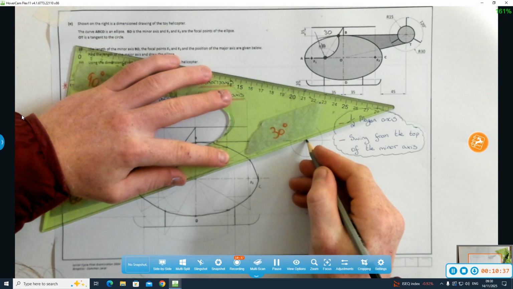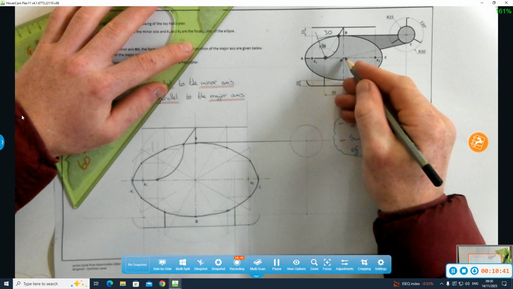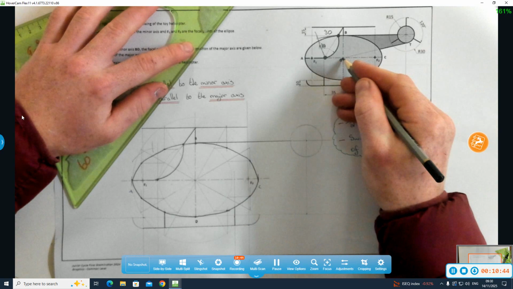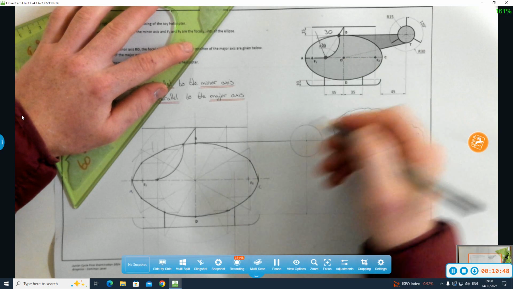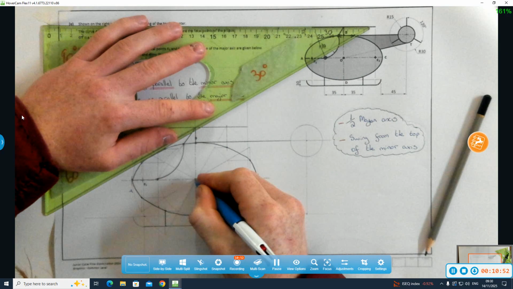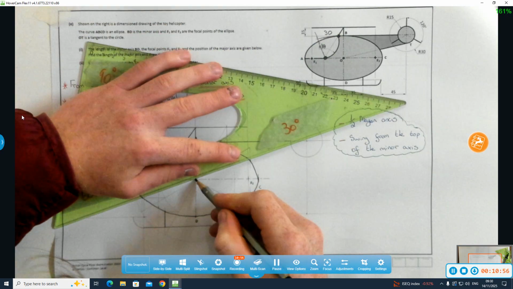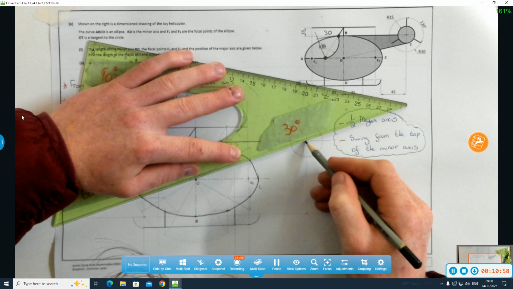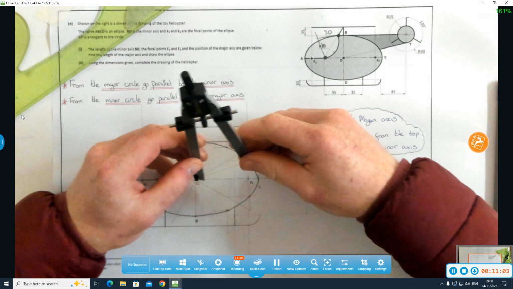This point is O here, look. That's the point that the tangent is coming from. So the center here, I'll label it, that center there, O. So we join from that point to the center of our circle over here. Okay? Next thing we do is we bisect that line.